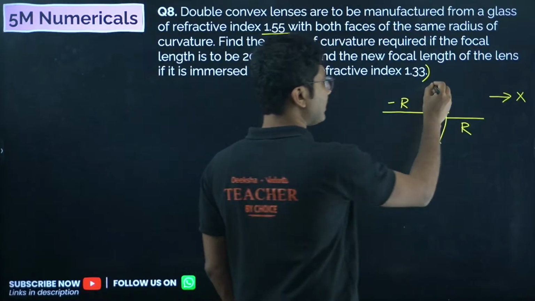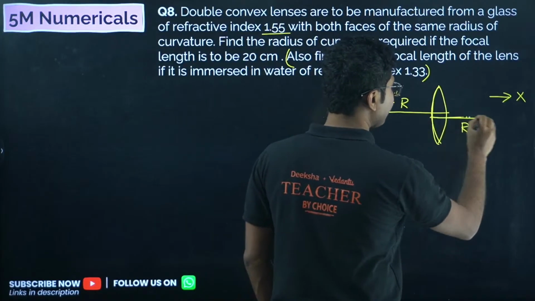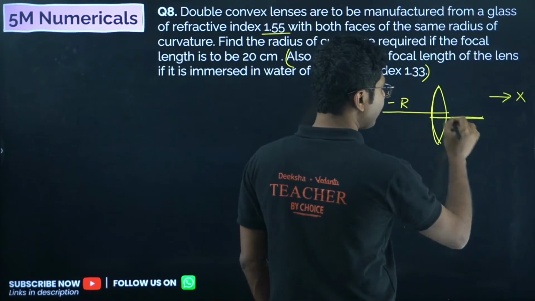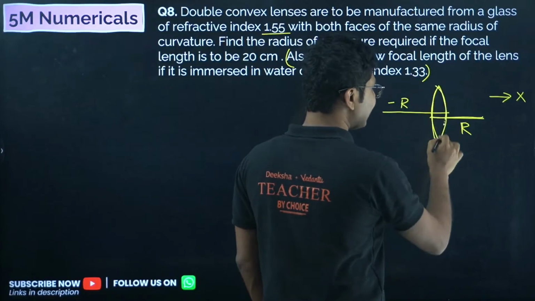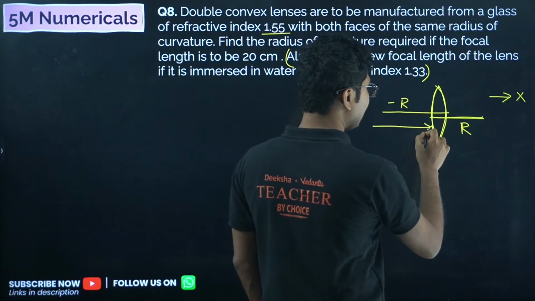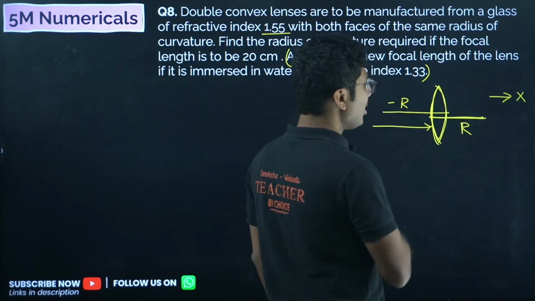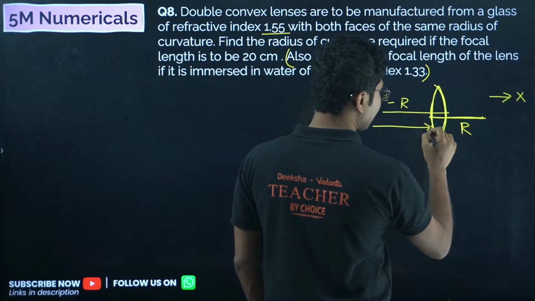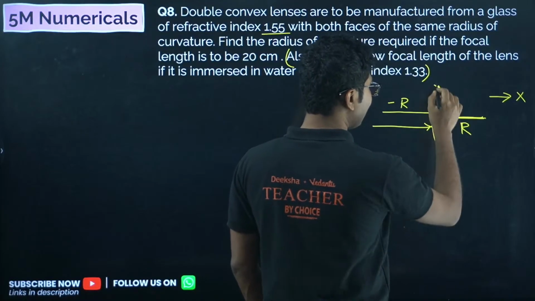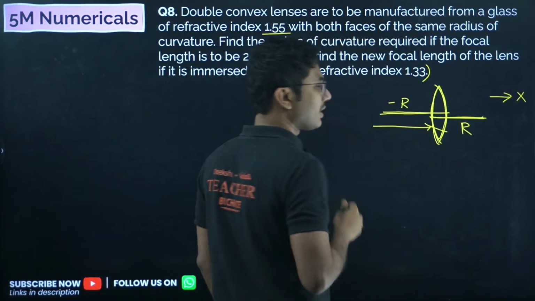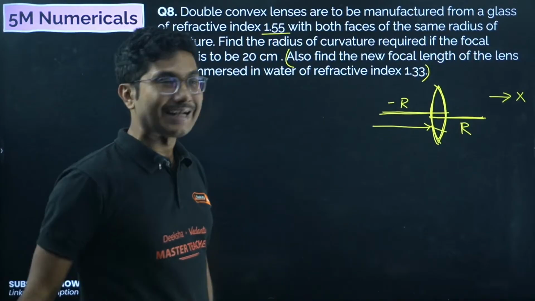This surface comes first, with its radius of curvature on the right-hand side, so it is positive. If the ray is traveling here, it falls on this surface first. This surface comes next, so it will have a negative radius of curvature. That's why we take this as a negative value.